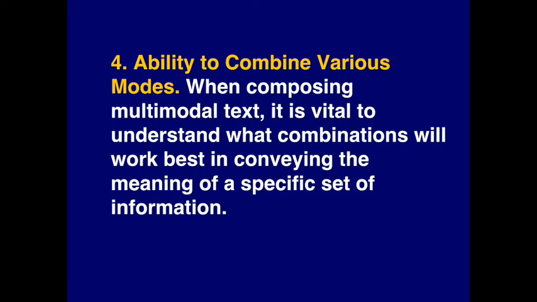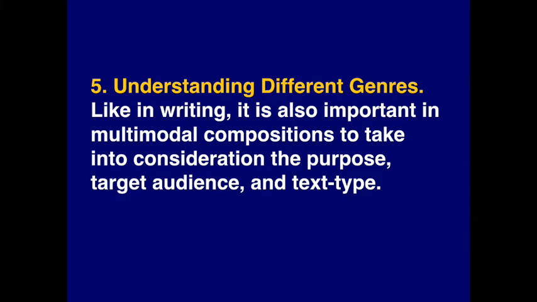When composing multimodal text, it is vital to understand what combinations will work best in conveying the meaning of a specific set of information. Number 5, understanding different genres. Like in writing, it is also important in multimodal compositions to take into consideration the purpose, target audience, and text type.